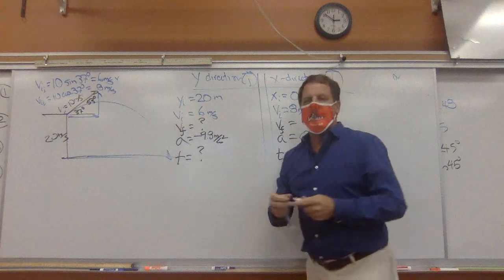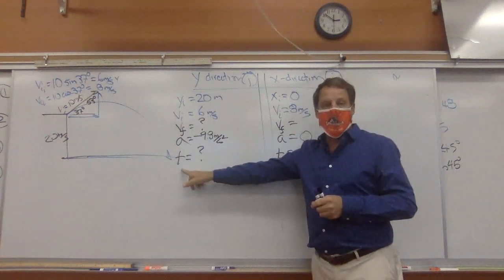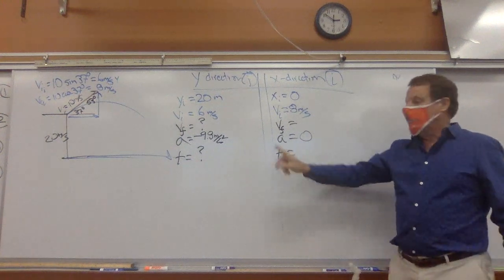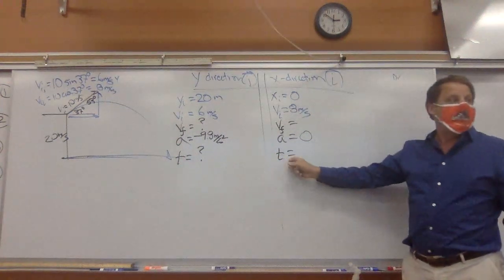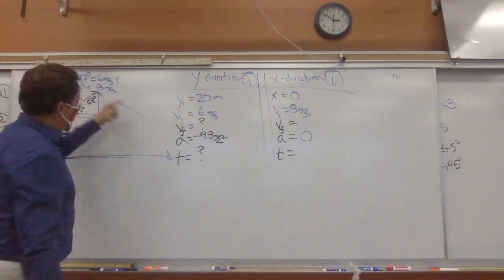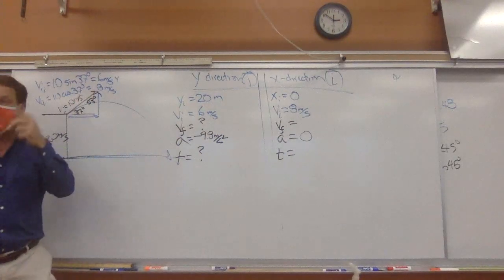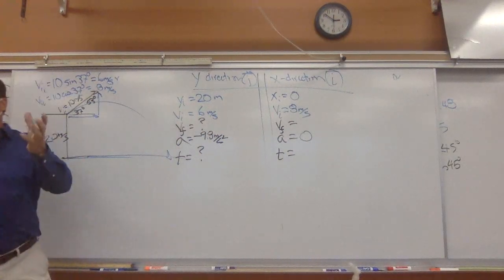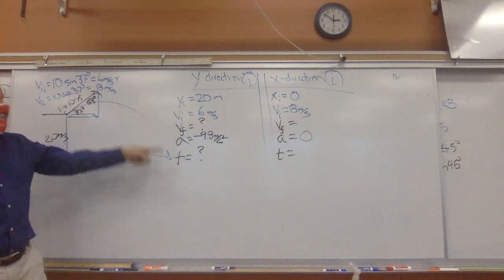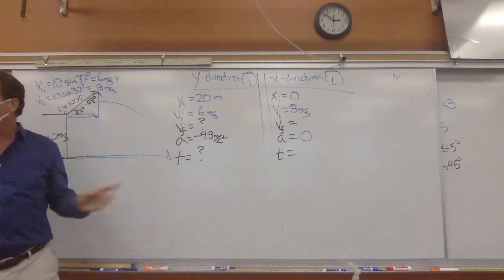Okay, so now x direction and y direction. What is the difference between the time in the x direction and the time in the y direction? What's the difference in time if this object is going to go up and come down? Does it take any longer to go up and down than it does to go left and right?